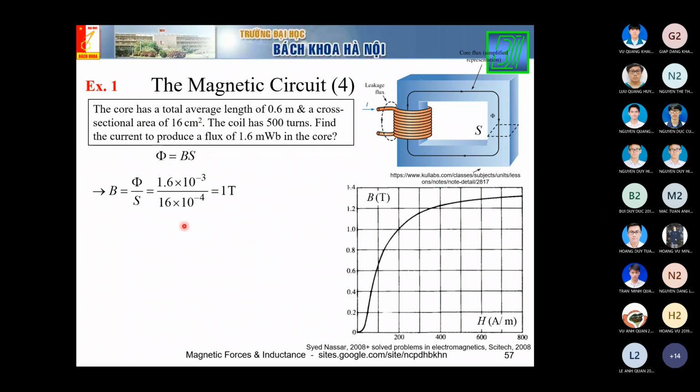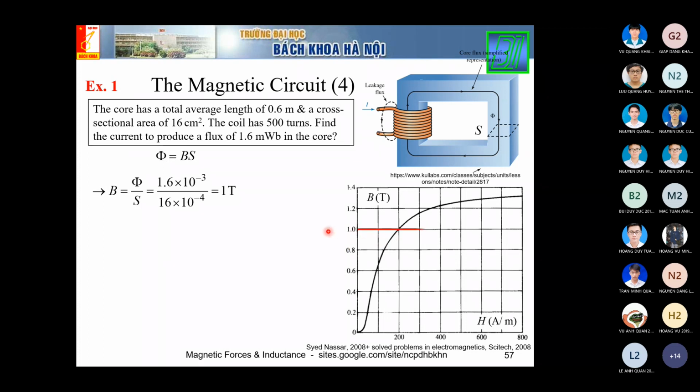All right. So from B, we can find H. Normally, we can use the relationship saying that B is mu H, but that relationship can be applied only to linear material. For our material here, the relationship between B and H is not a straight line, it is a curve. So if we are given B, we can find H by using this curve like this. 1 Tesla is here.